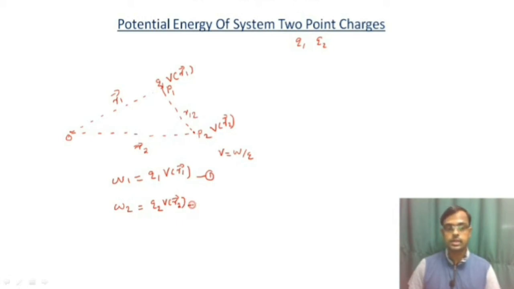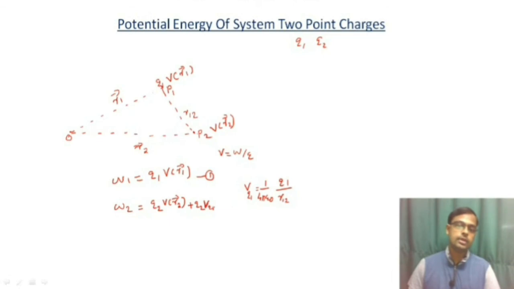So once again I can write here Q2 into the potential due to the charge Q1. What is the potential due to the Q1 charge? It is equal to 1 by 4 pi epsilon 0 Q1 divided by R12.